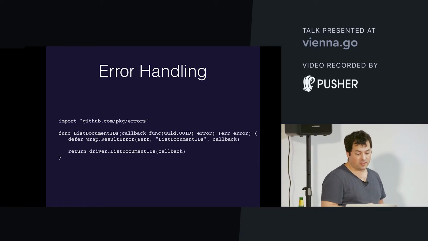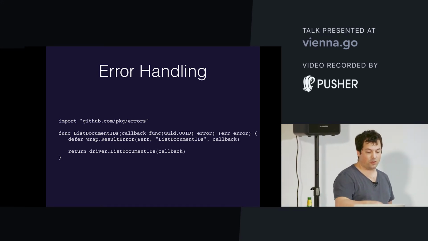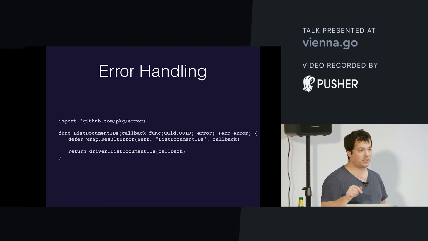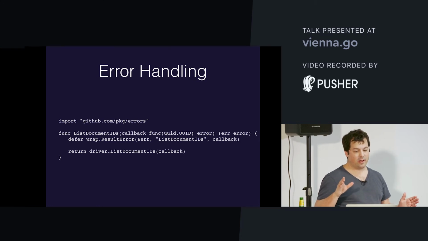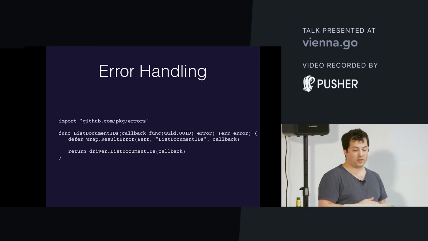And what you can see here is the defer call. If you're not that familiar with Go, defer makes this call wrap error result run after the whole function has been executed, and it will be called in any case, even if a panic occurs.